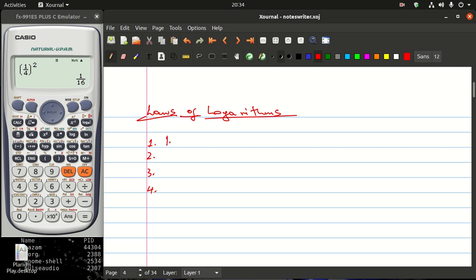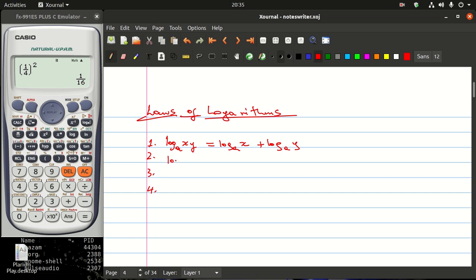If I take log a of xy, so the logarithm of the product of x and y, I'm supposed to get log a of x, remember this base is a, this base is a, plus log a of y.